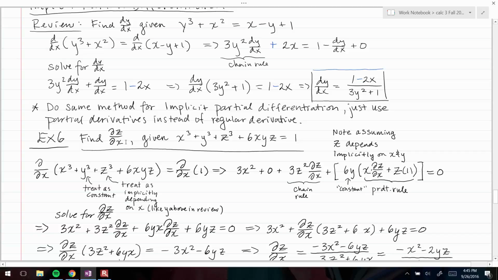That's going to change things a bit. However, y is not being treated special in that way, so we just treat it as a constant like we did before. So noting that, we take the partial derivative on both sides with respect to x. The partial with respect to x of x cubed is 3x squared. Simple. Y cubed in this context is just held fixed, and it is 0.